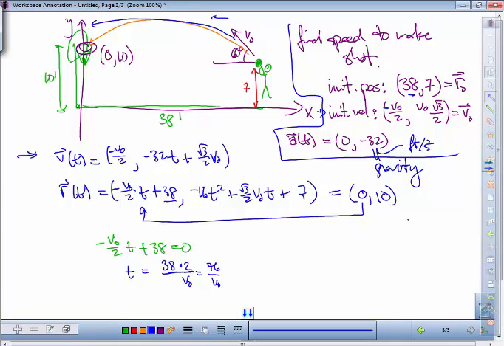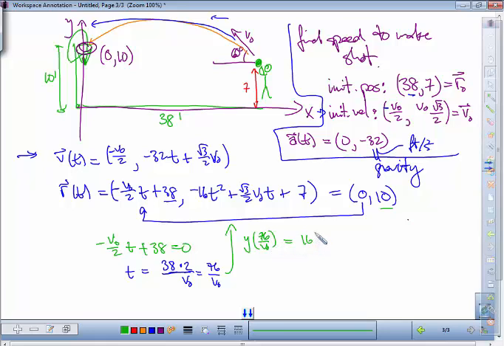And now that we have that, we'll put that into the y and say this is the time that it's supposed to land on x equal to 0. And so we want to find it when the height is equal to 10. So let's put 76 over v naught in for t.